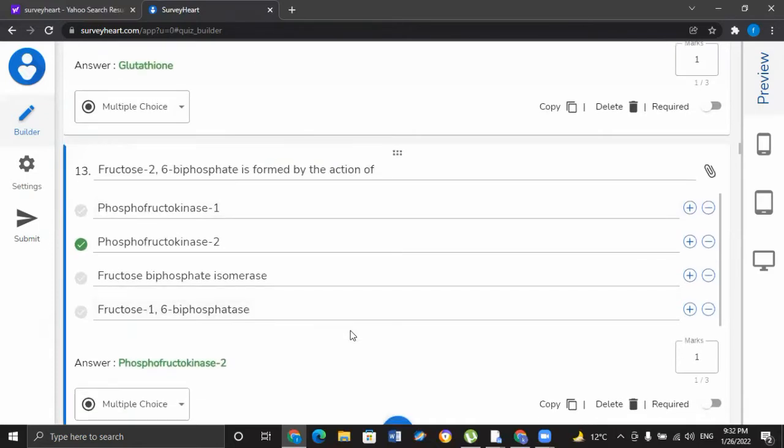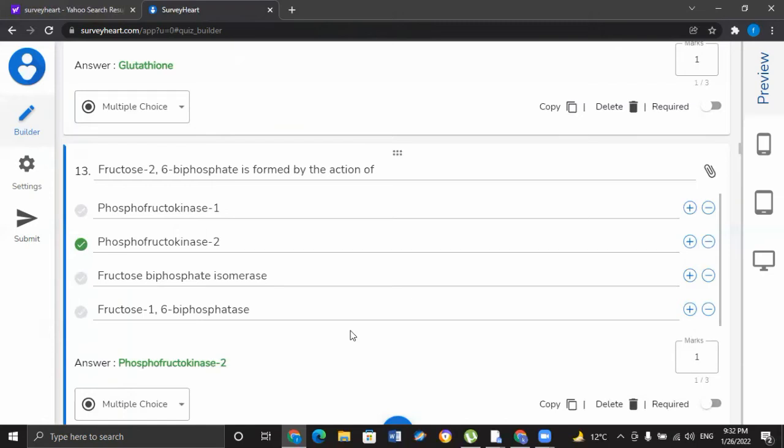Fructose 2,6-bisphosphate is formed by the action of which enzyme? Where is fructose 2,6-bisphosphate found? It is found in animal tissues, higher plants, and fungi. What is its function? It stimulates phosphofructokinase and inhibits fructose 1,6-bisphosphatase, which is the enzyme involved in glycolysis.